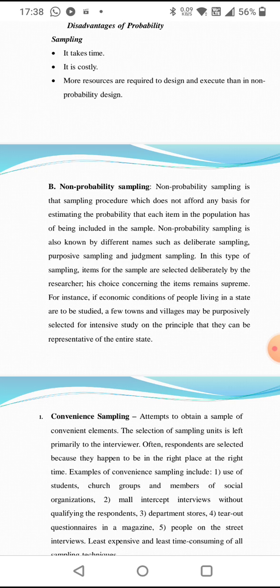A few towns and villages may be purposely selected for intensive study, and probably you know that particular town wherein you tend to get proper replies or genuine data. So here bias will be there because you are personally selecting, that is, you have the entire choice of selecting the sample or the sampling unit. So you know where exactly or how exactly those people give the results, right?